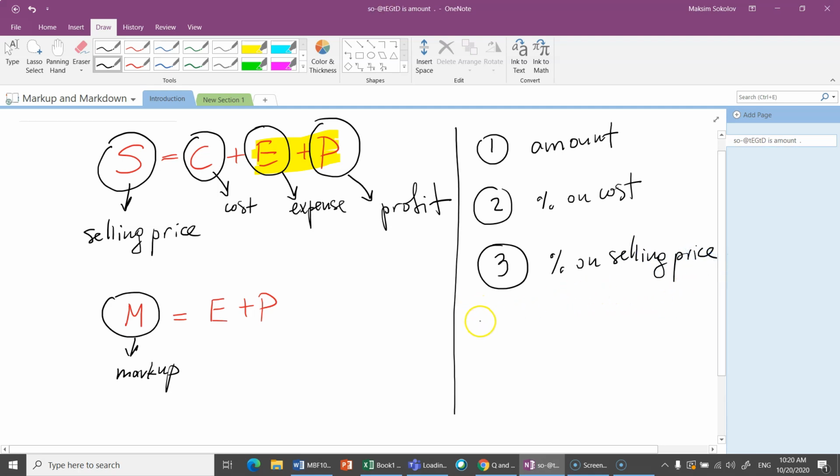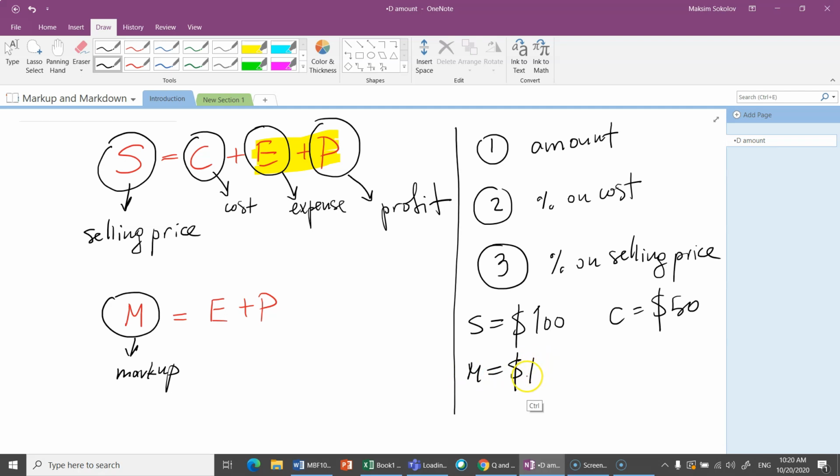For example, if I have selling price which is $100 and if I have cost which is $50, we have markup as amount, of course it is $50.